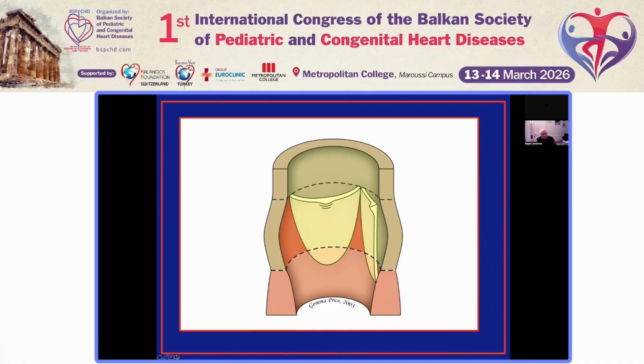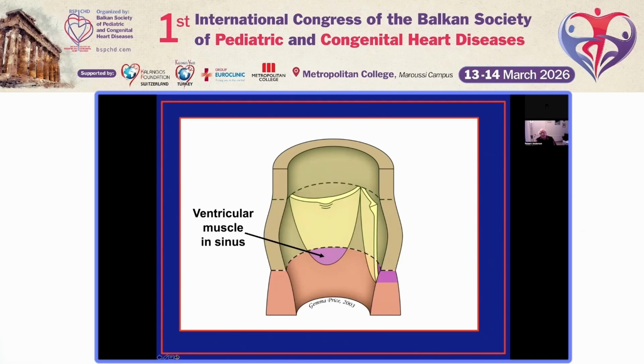And that means that between the semilunar hinges, between the sinuses, we have arterial wall as part of the ventricle. It also means that proximal to the anatomic ventriculo-arterial junction, we have ventricular muscle within sinuses.